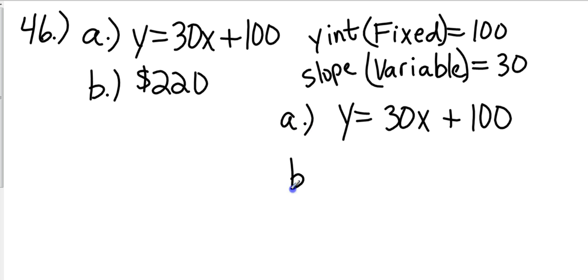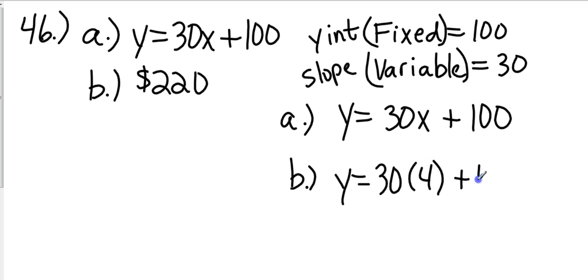Now, letter B lets us in on the deal and tells us that they're going to rent it for 4 hours. So I'm going to substitute everywhere I see an x with the number 4. So 30 times 4 is 120.